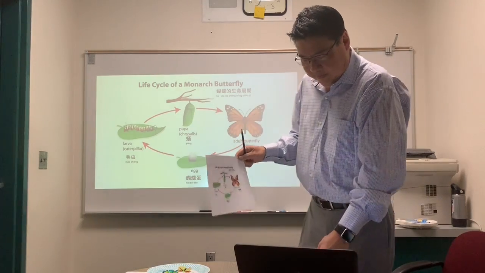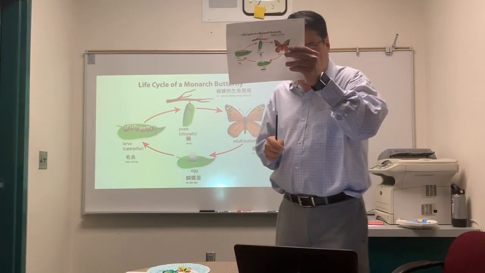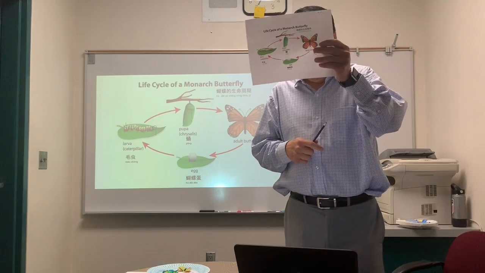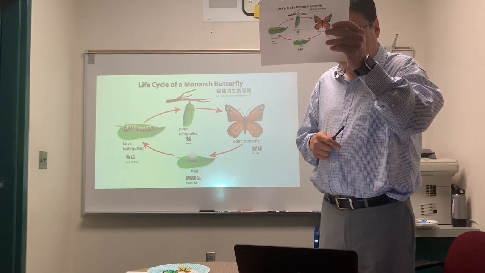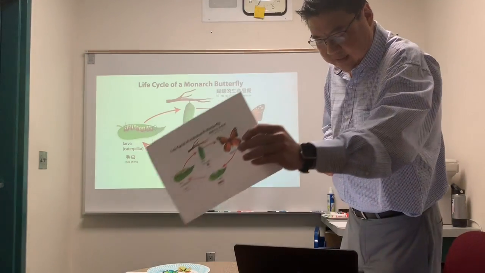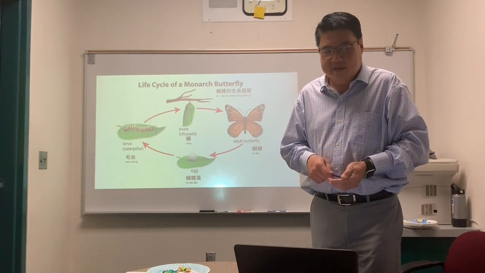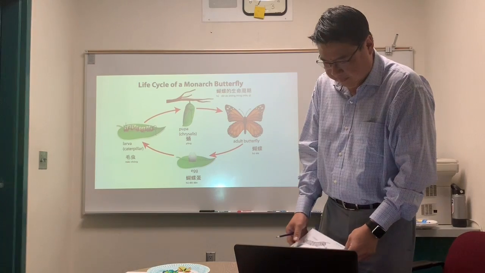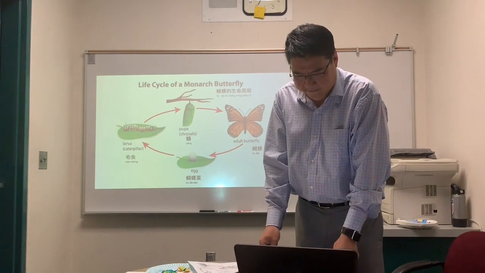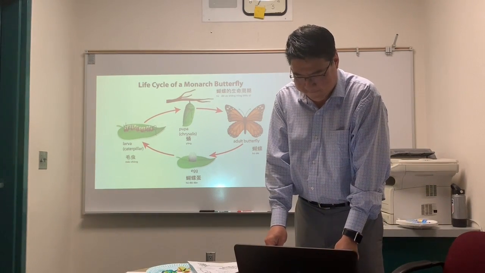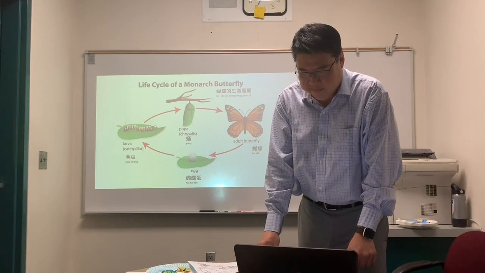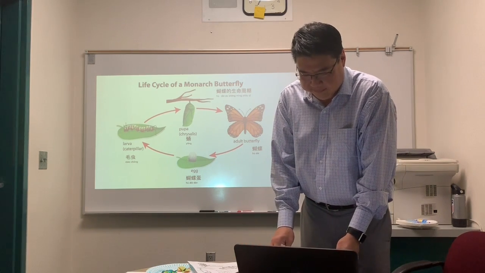Now I'm going to give you a picture. You guys will have this on your table, and I want you to point out the egg, the butterfly, the caterpillar, or the chrysalis. Okay?